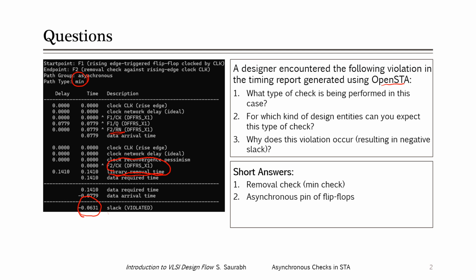The answer is asynchronous pins of the flip-flops. You can see that the check is not on the D pin, but on the F2/RN pin, which is a reset pin, an asynchronous reset pin of a flip-flop. Now, what is an asynchronous reset pin? We'll see. And then the third is, why does this violation occur?